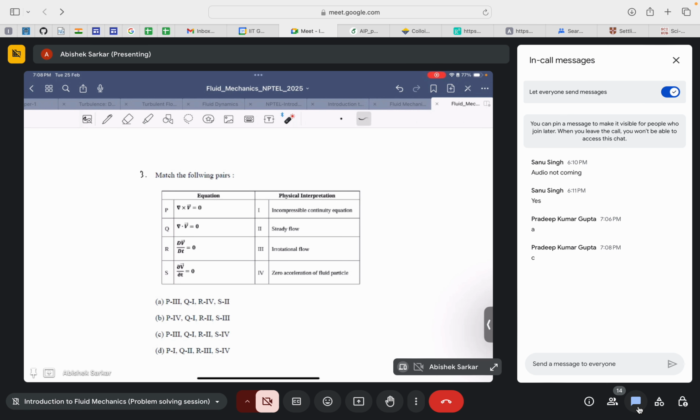So irrotational flow, we might not have formally defined it. Pradeep says C. We might not have formally defined it, but at least the other three we have thoroughly discussed. So even if you are able to pair the other three terms, then the fourth one will become quite simple. The one left over should match with irrotational flow.